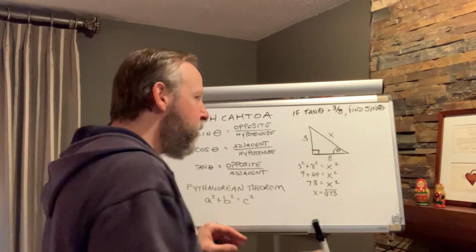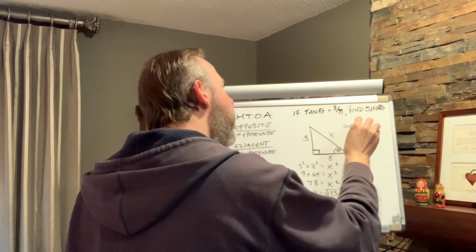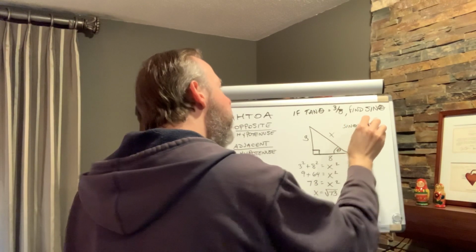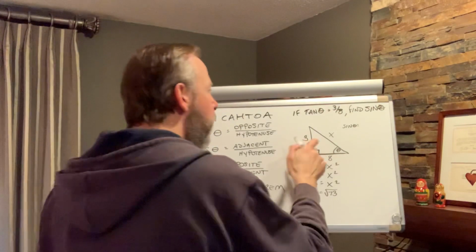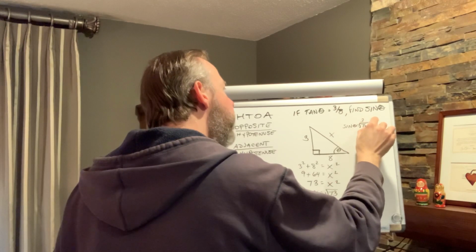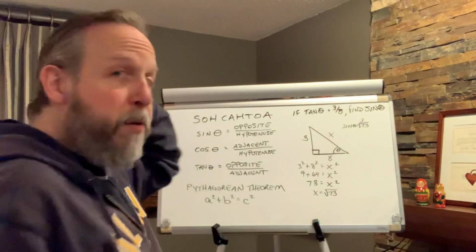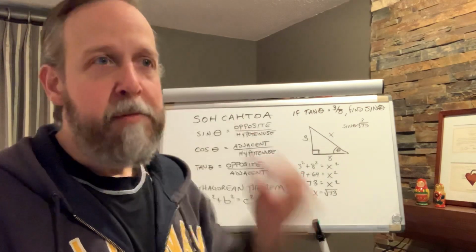If it's multiple choice, then the answer would be the sine of theta. Again, sine is opposite over hypotenuse. So it would be 3 over the square root of 73, which hopefully we remember is not the final form of any math solution.